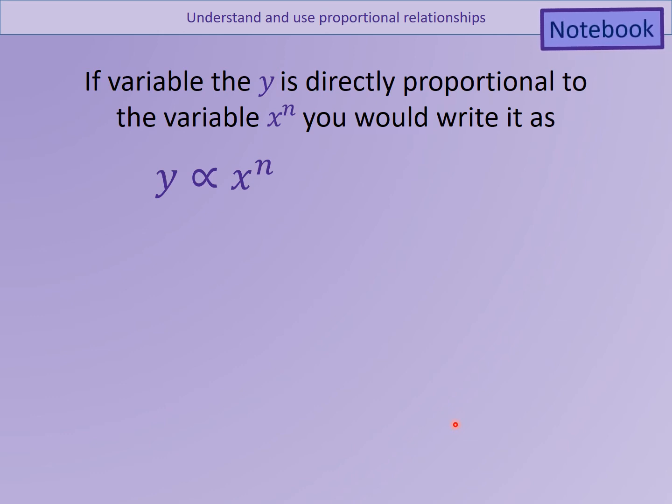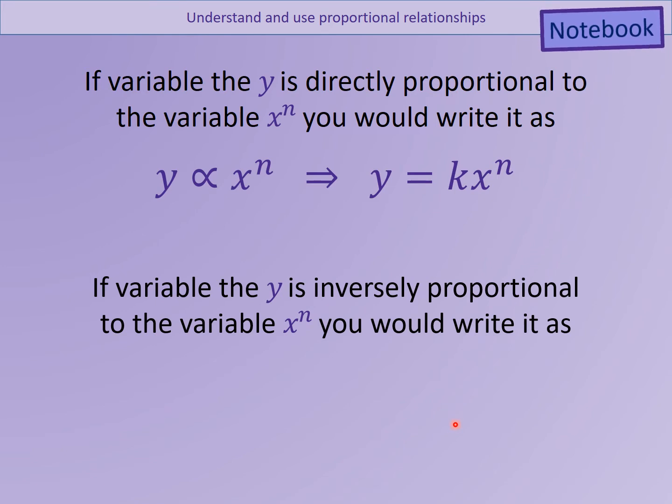So rather than last time it was just y is proportional to x, this time it's proportional to, let's say, x squared. So if y is proportional to x squared, it means that y could be 2 lots of x squared or 3 lots of x squared. You can figure out how it's proportional, then you can figure out that constant multiplier. And because it's still a constant multiplier, I can change that proportionality symbol to an equals k.